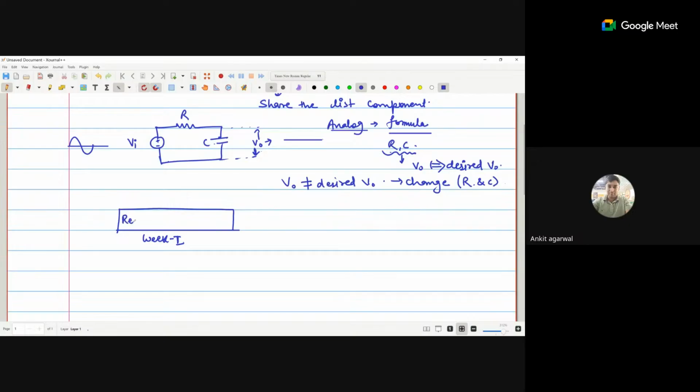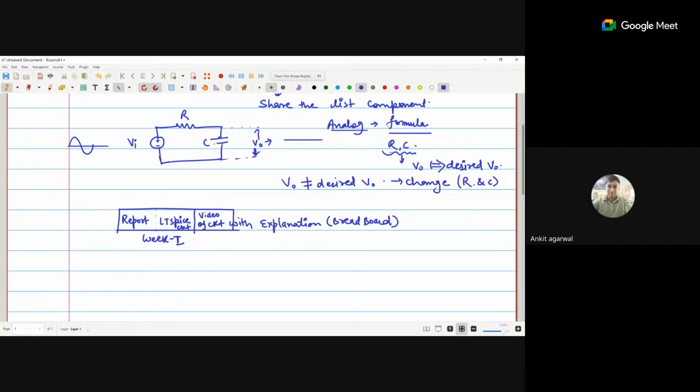One is the report, second is the LTspice circuit, and third is a video of the circuit with explanation that you have done on a breadboard. That means a video of the breadboard circuit with explanation.